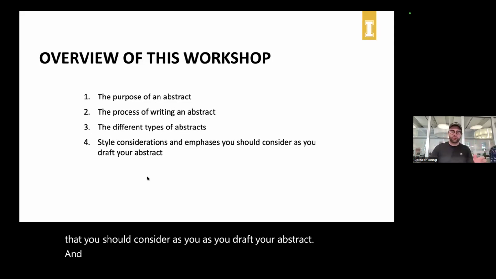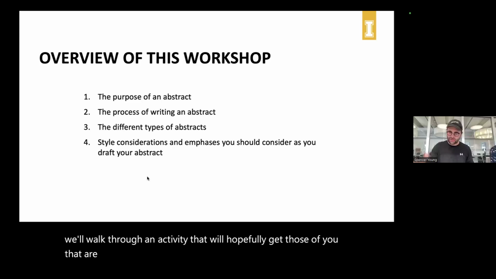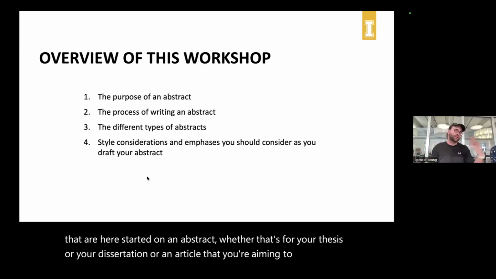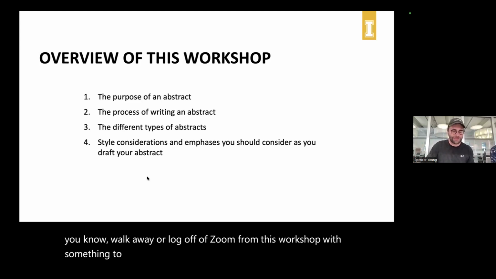After all that, if anyone is interested, we'll walk through an activity that will hopefully get those of you that are here started on an abstract, whether that's for your thesis or your dissertation or an article that you're aiming to publish, so you walk away or log off of Zoom from this workshop with something to go on.